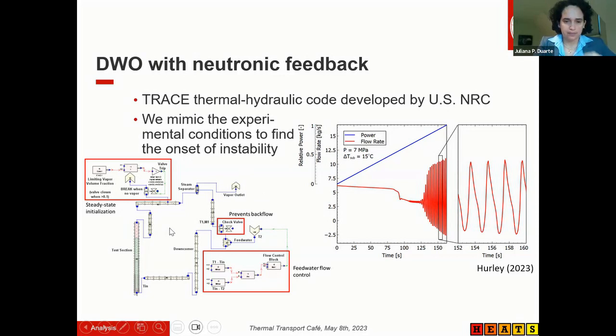But as I said, one of the uncertainties we had to work through over this last year of the project was to find appropriate pressure drops or K factors throughout the loop, since we don't have data for the loop. All the data that we have is for the test section.